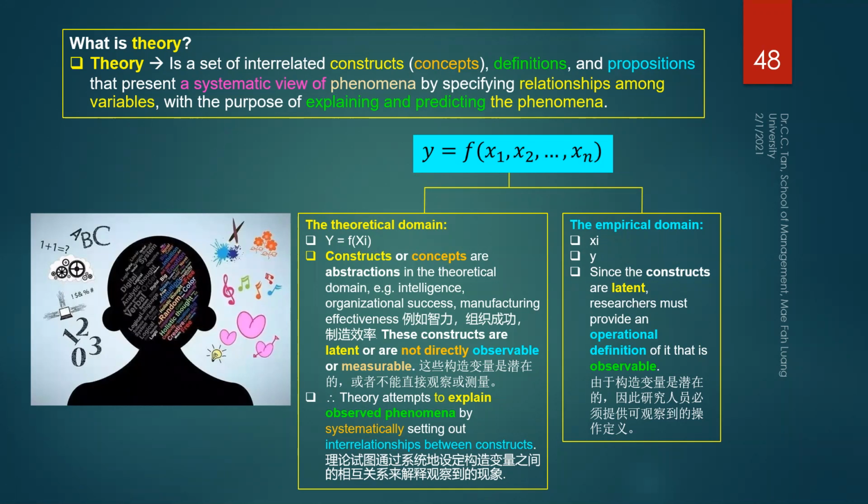That is supported, okay? It's not falsified, okay? So theory attempts to explain the observed phenomena by systematically setting up the relationship between y and x, okay?